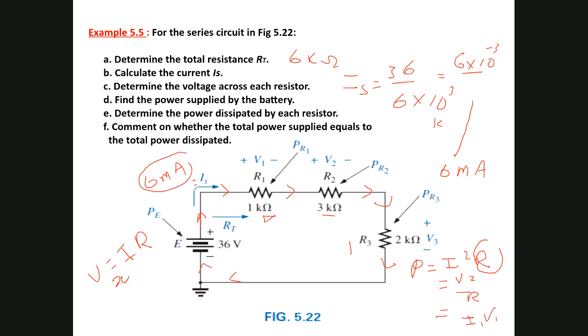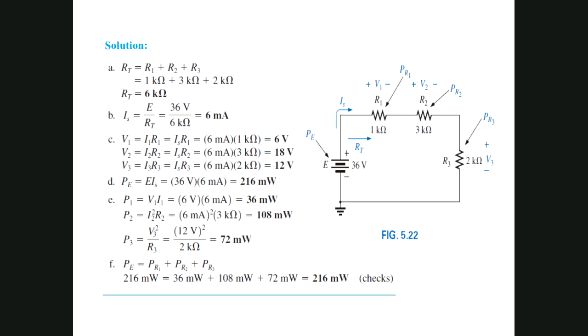We have here the answer of this example. So here is the 6 kilo ohm, this is 6 milliamp, and these are the voltage drops: 6, 18, 12. When we add them together, we must get 36, the source. For the power dissipated by each load, P1 here is 36, P2 is 108, P3 is 72.